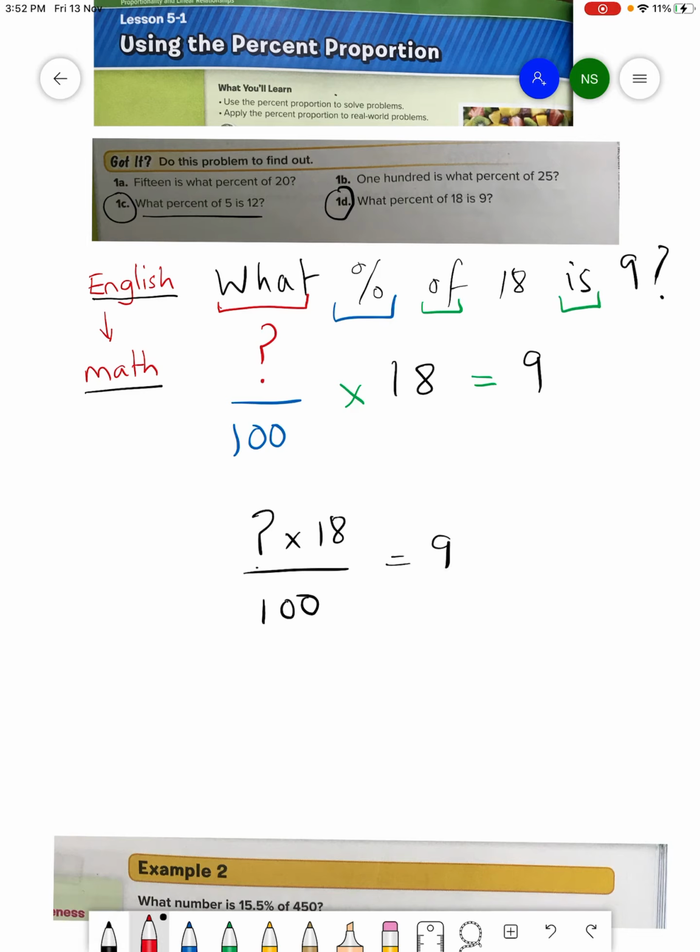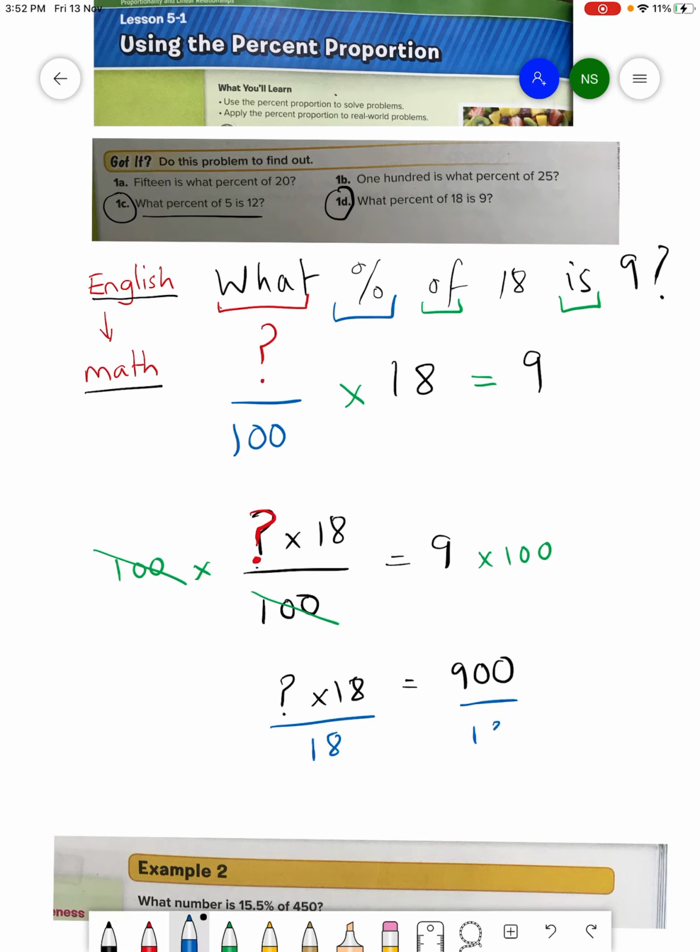Find the question mark. Use the maths to find the question mark. The first thing I'll do is multiply both sides by 100. That will allow me to eliminate the denominator there. So now I'm left with question mark times 18 equals 900. Now if I divide both sides by 18, I will be able to cancel that 18 there. So we'll divide by 18 and we'll get question mark is equal to 50.